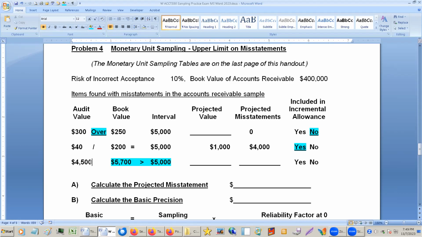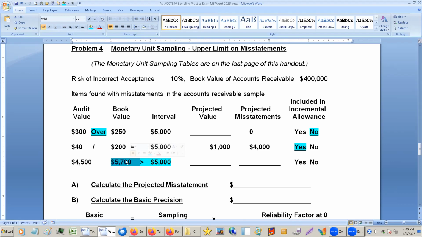This is exactly why we do this method, by the way. If they left it at 4,500, it may not have been picked. But the second they go larger than the interval, there's a 100% chance that it'll be found out. And this is why we do this method.